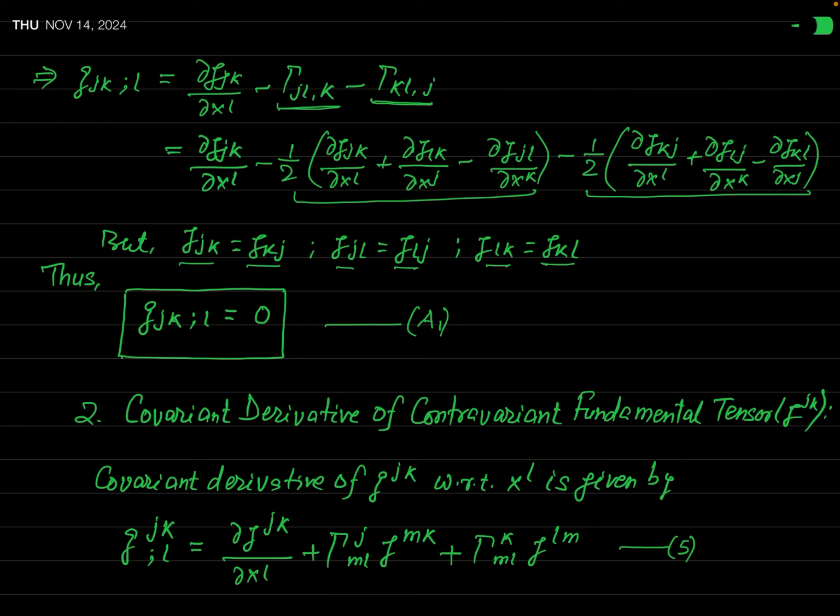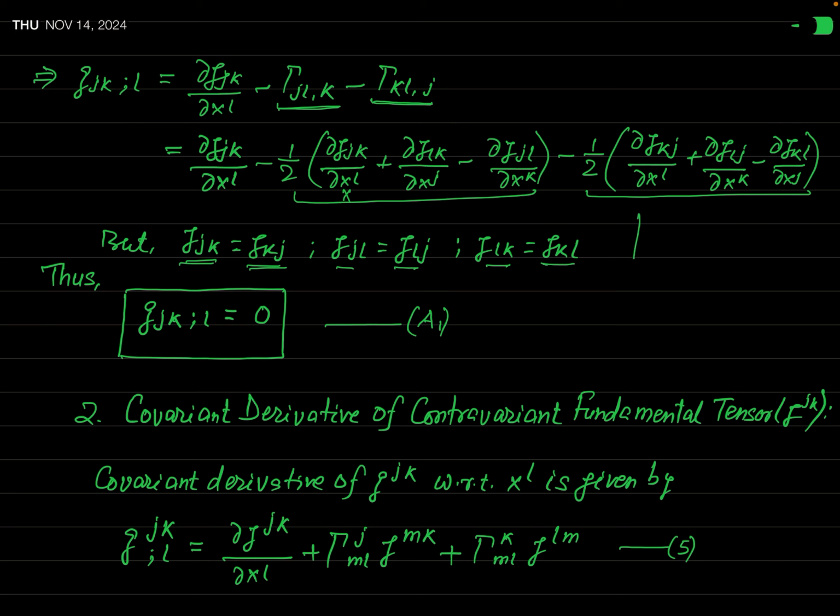So when you use this symmetry property in this result, what do you get? You can see here in the first term there is del GJK by del XL, and here there is del GKJ by del XL. But as you know that GJK is equal to GKJ, so this first term and this first term will be added, not cancelled out, because both are minus.